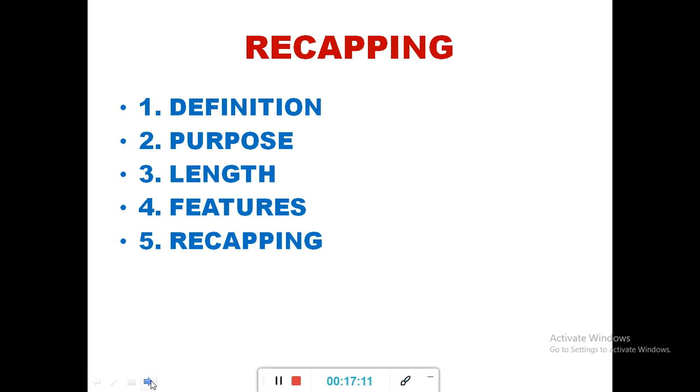A thesis is, let's say, 60 to 100 pages. So a thesis is like a book. It's lengthy because it presents the author's research and findings.